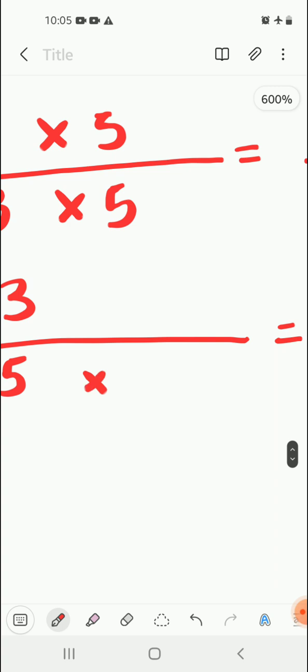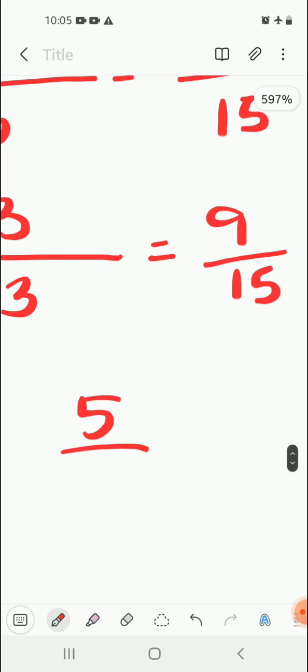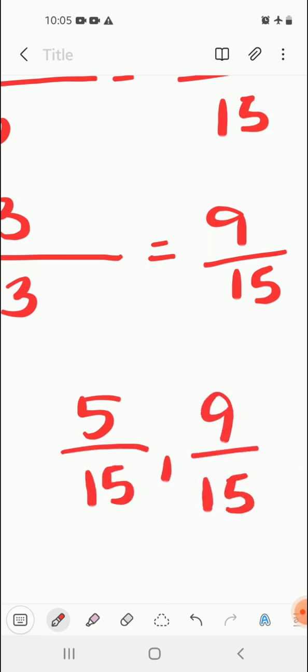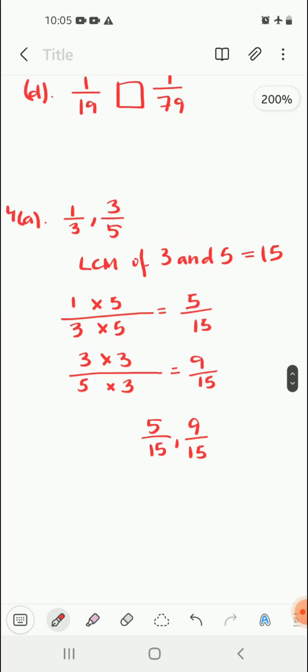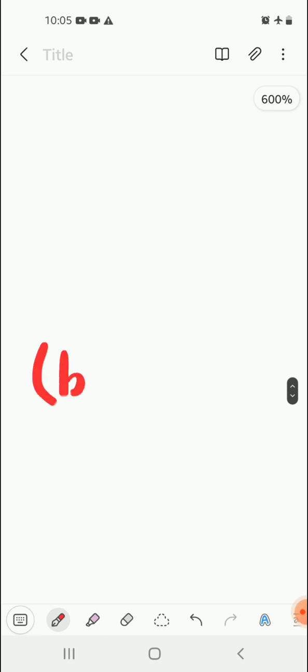Same here, 5 into 3 is 15, so multiply the same with the numerator: 3 into 3 is 9. So now we have got 5 by 15 and 9 by 15. This was our question, to convert the fractions to the same denominator. So now this has become like fractions.